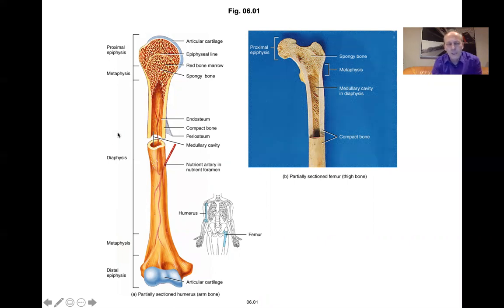On the left side of the screen, we can see that we're naming different parts of the long bone, such as the centrally positioned body or shaft, or diaphysis. Then we have the opposite side ends, the proximal and the distal epiphysis, which really means the end.